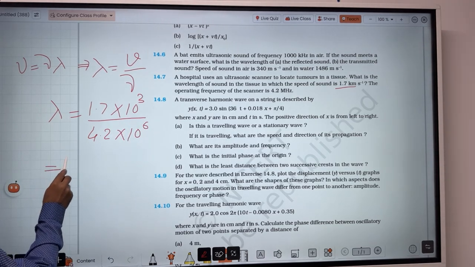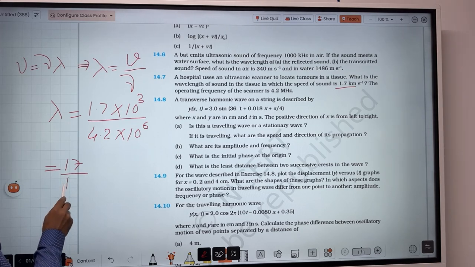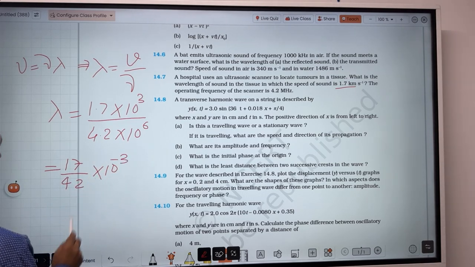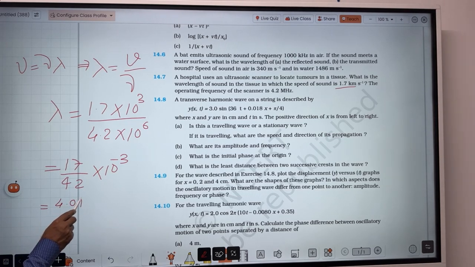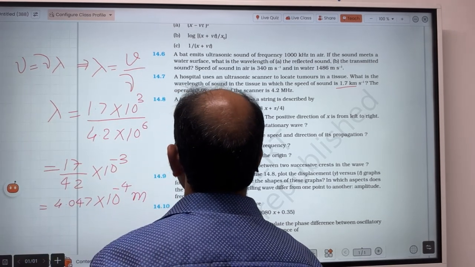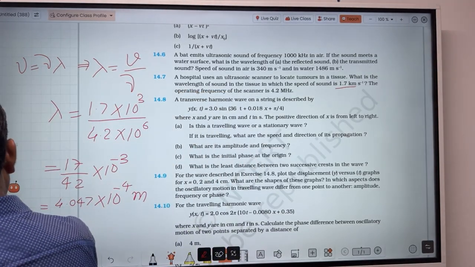Now we can simplify. So 17 divided by 42 into 10 to the power minus 3. We can further simplify, and it will become 4.047 into 10 to the power minus 4 meter. Correct? So the question is simple.